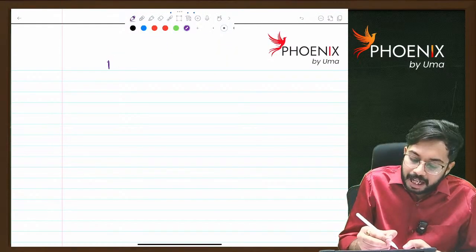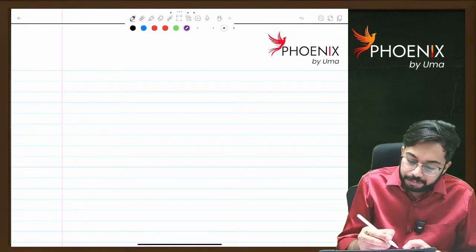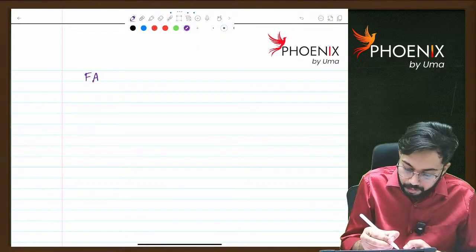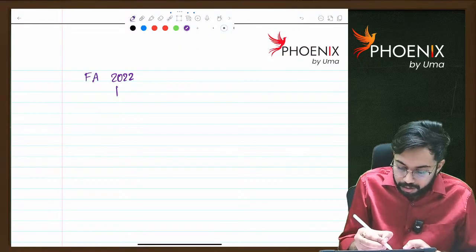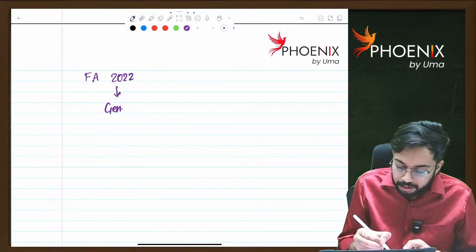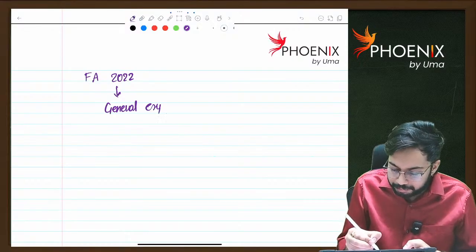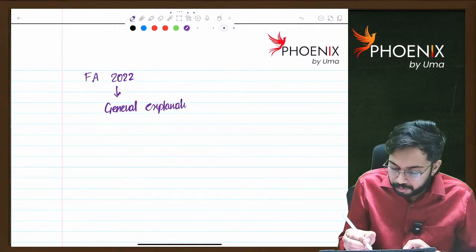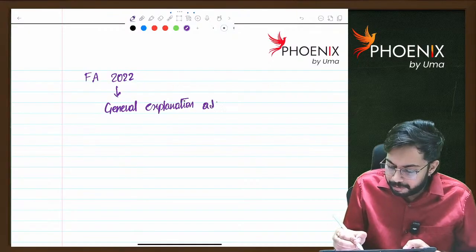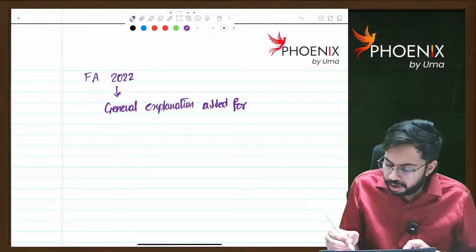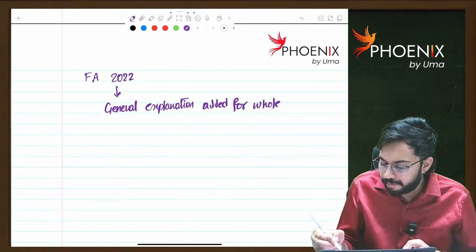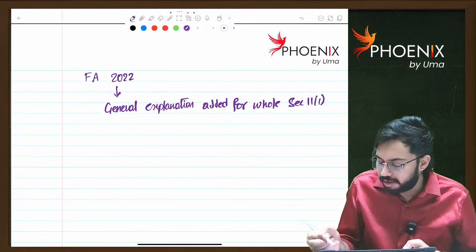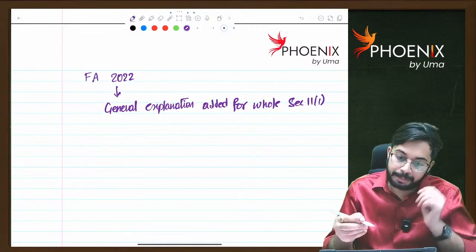As per Finance Act 2022, a general explanation was added for the whole of section 11. For the whole section. What is the general explanation?